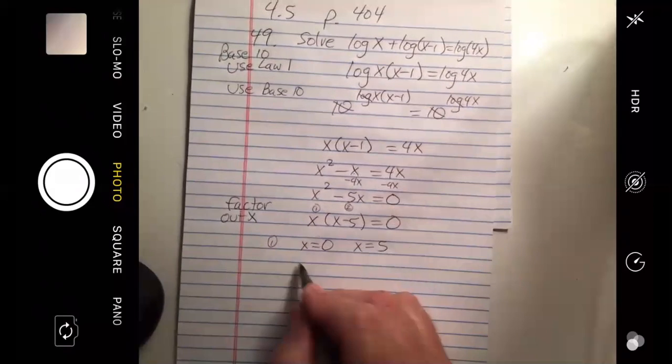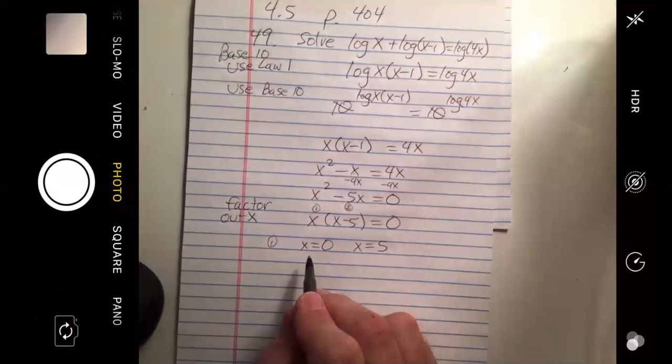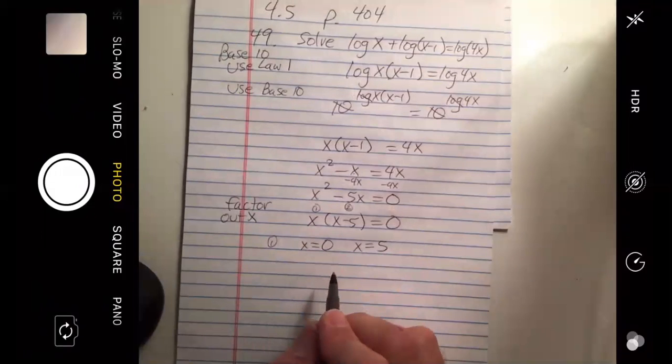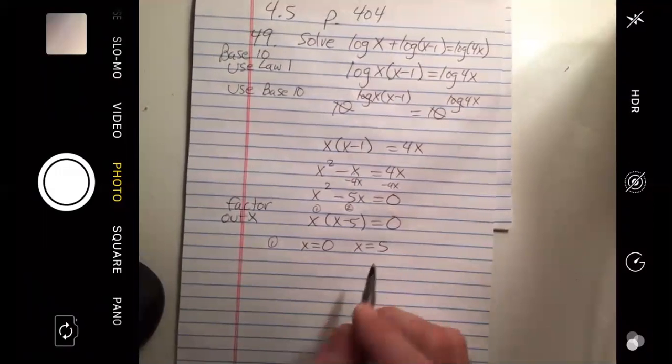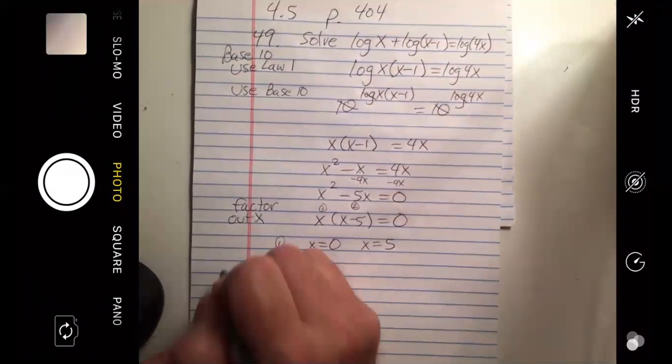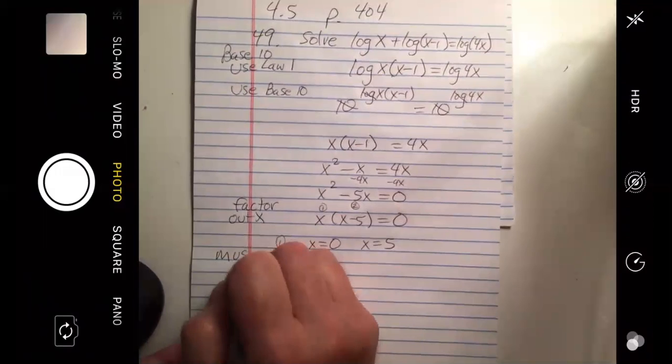Now, if you proudly box these in and report these as your answers, you are going to be horribly disappointed. You've got the same problem as you did on the fraction equations.